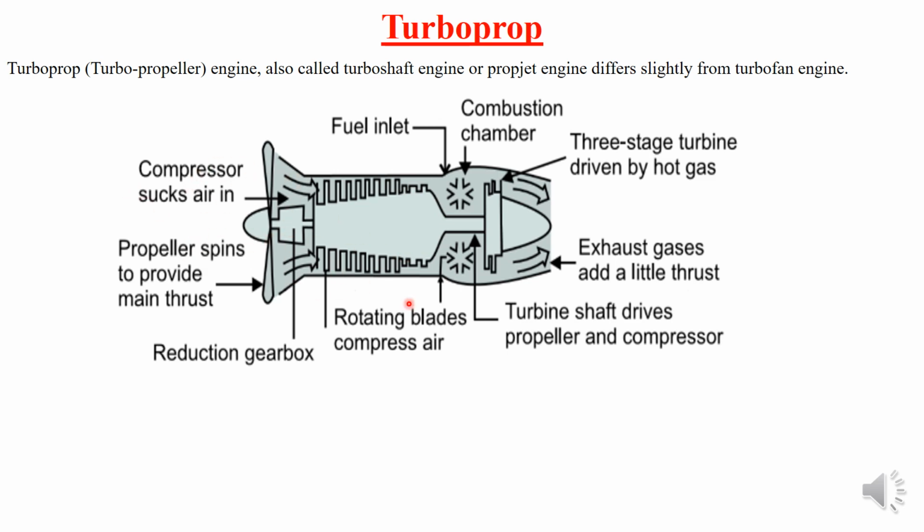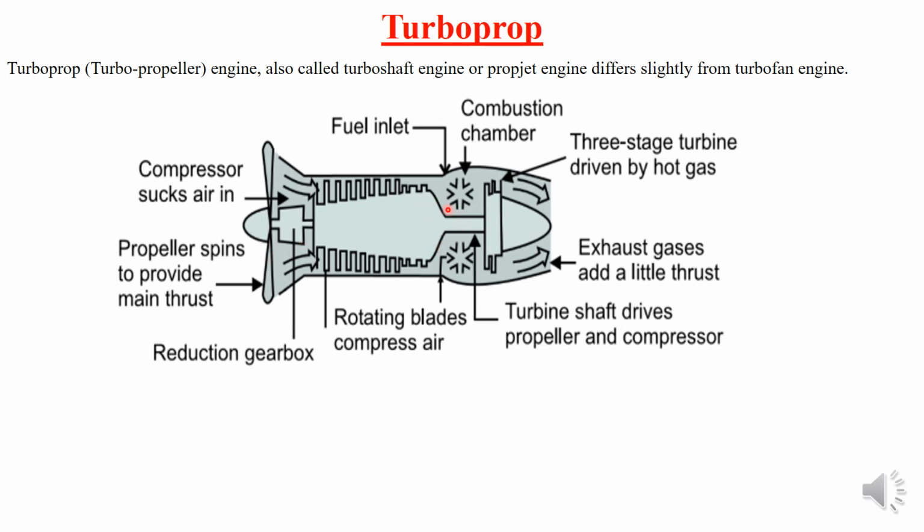Thus, some stages of the turbine give shaft force for driving the compressor, and some stages produce shaft force for driving the propeller. It can be understood that the gas expands in the turbine, which drives the compressor, and also expands through the power turbine, which drives your propeller through suitable gear reduction boxes.